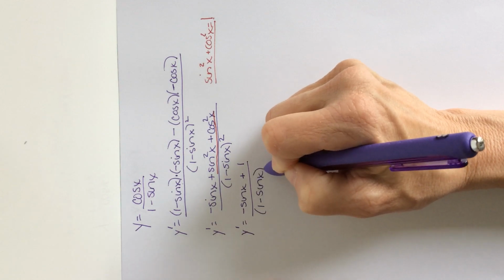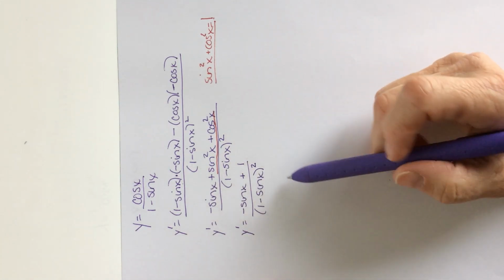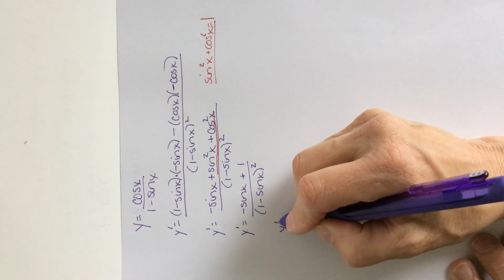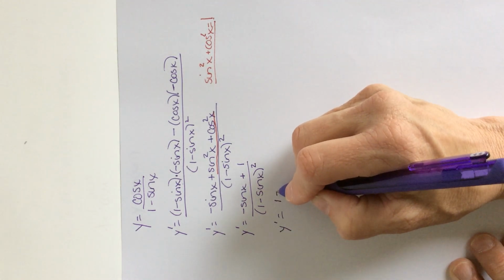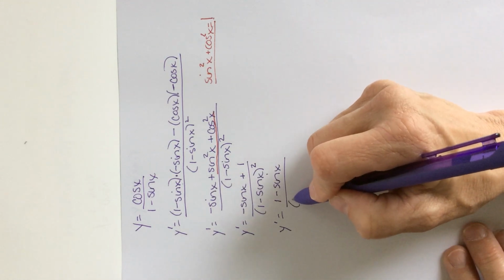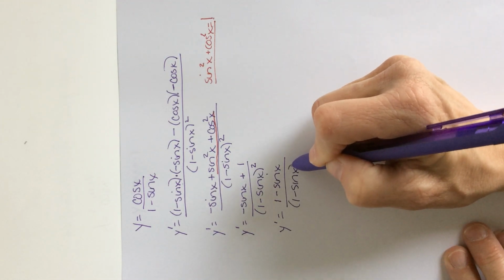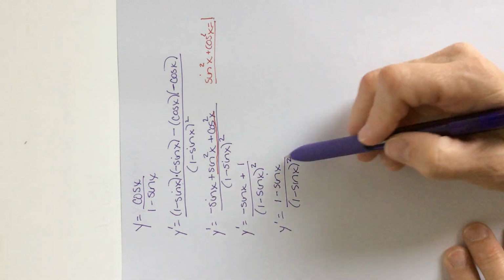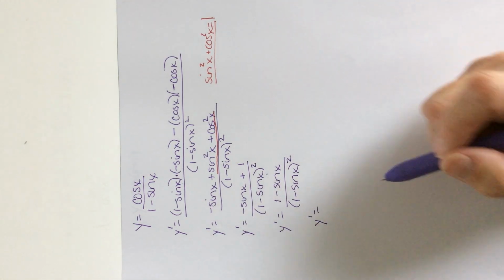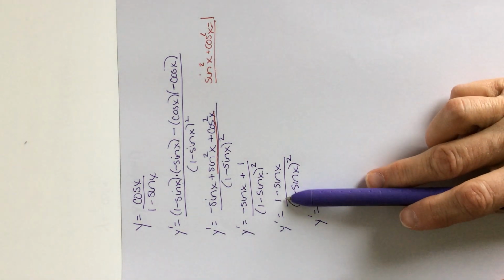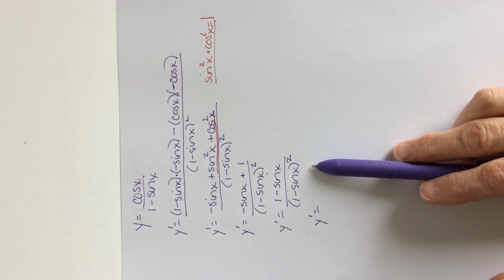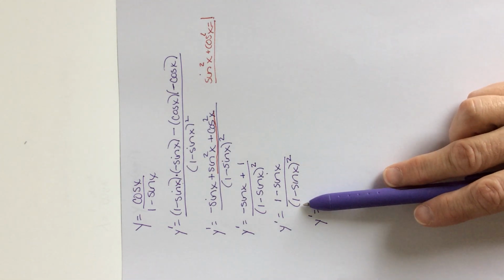and that's all over 1 minus sine of x squared. If I turn the numerator around, I can rearrange the numerator to be positive 1 minus sine of x, divided by 1 minus sine of x squared. This now can be reduced. The 1 minus sine of x is a binomial, and my 1 minus sine of x squared is a binomial squared.